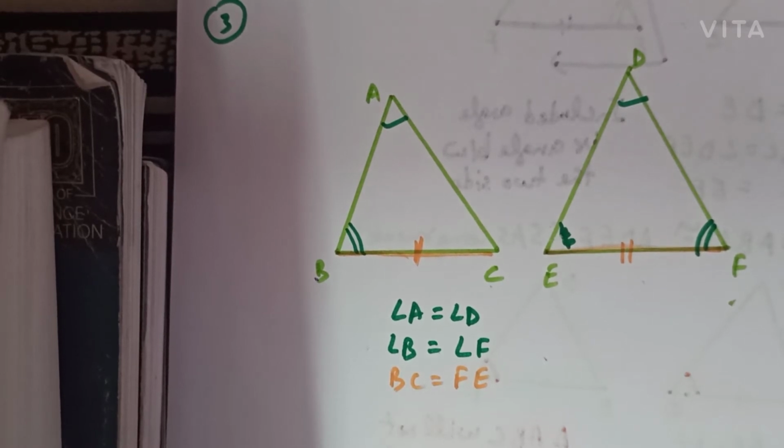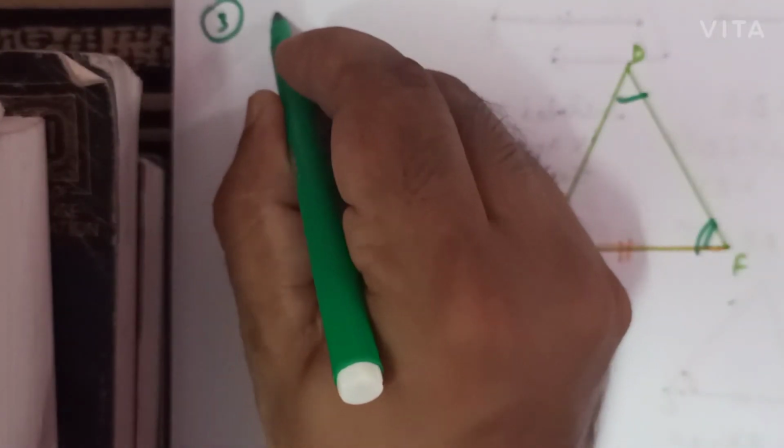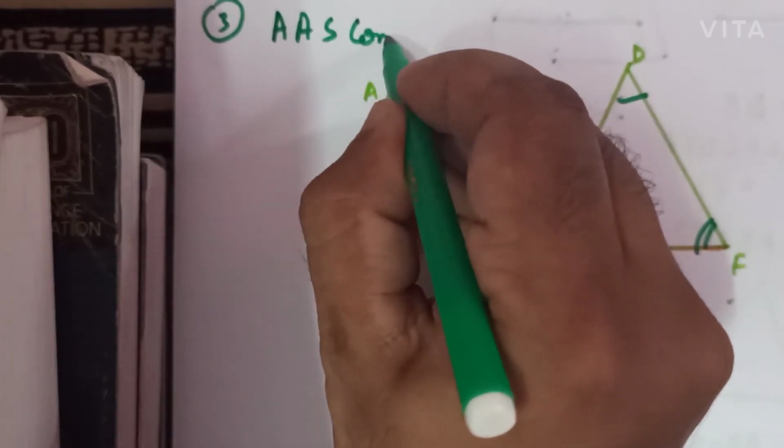So will these two triangles be congruent with each other? Yes, they will be congruent with each other, but not with the property angle side angle, but with another property that is known as angle angle side congruence.